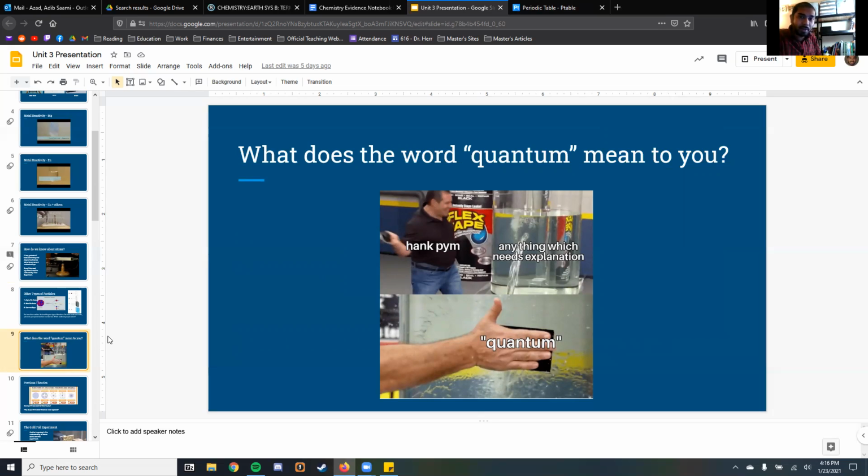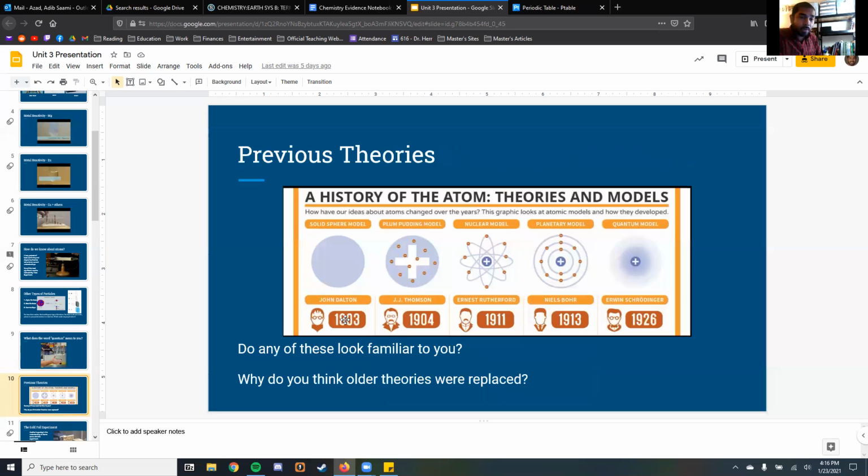But that's not true at all. Quantum actually does mean something. It doesn't mean you could shrink down to the size of a tardigrade and enter the quantum realm. That's not a thing. In actuality, quantum is just how we measure light. A unit of light is called a quantum.